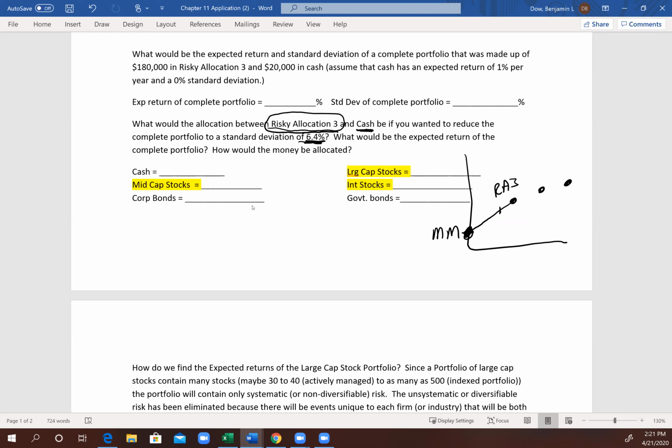And then depending on your allocation, you could get the risk all the way down to 0, which would be 100% in money market securities, or you could put half in money market securities and half in RA3, and you'd be halfway between 0 and 8%. Yeah. And 80% RA3, 20% money market would be up here. That's what we were solving for. And that reduces the risk down to 6.4%.